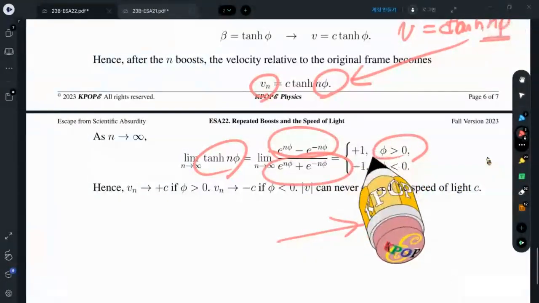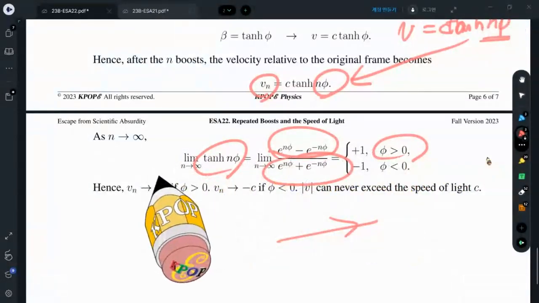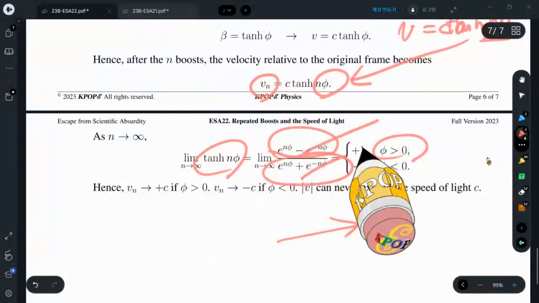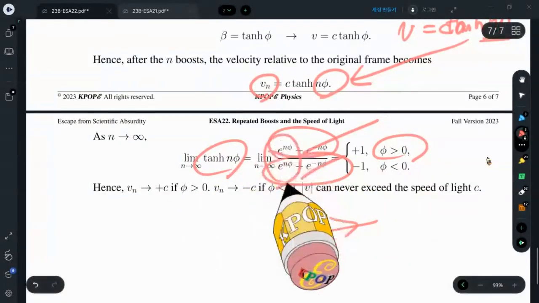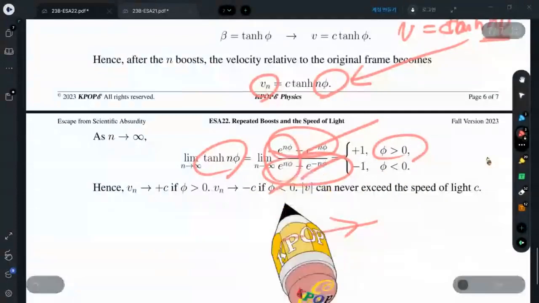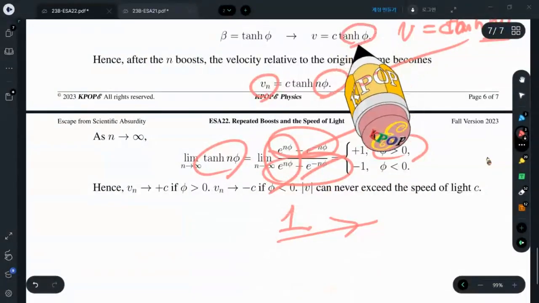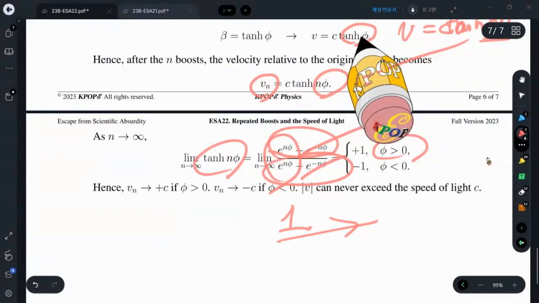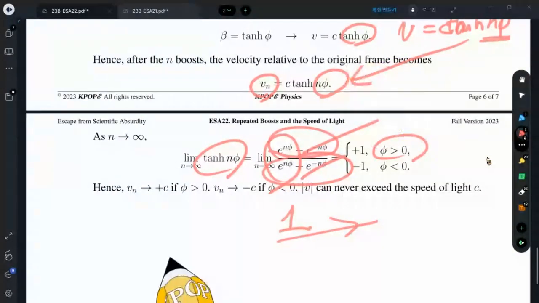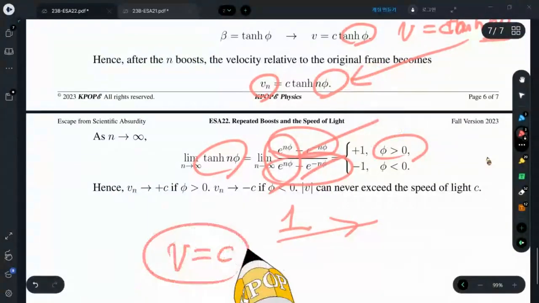In that case, as n goes to infinity, the exponentially small term disappears, and the tangent hyperbolic becomes 1. That equals v equals c.